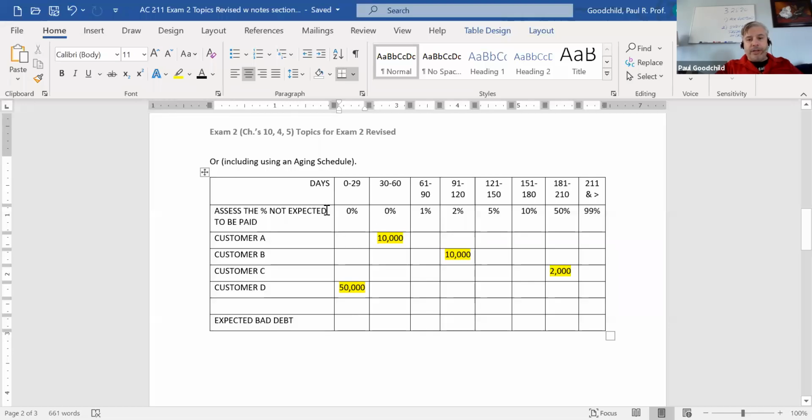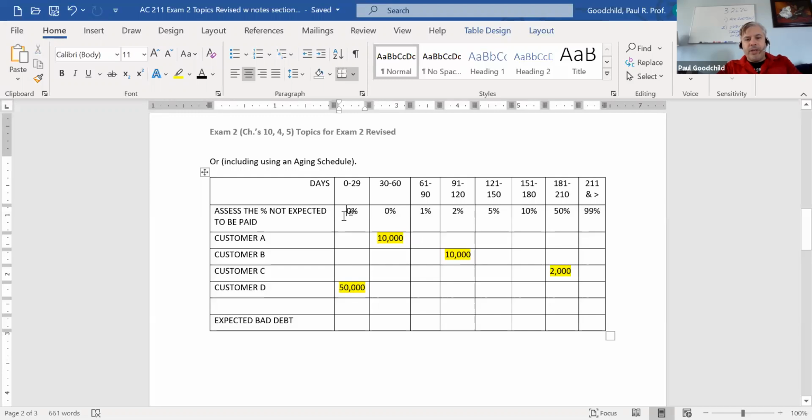So what you would do is come up with these rates, and they'd have to be given to you. You would need to know a lot about a business, a lot about the business environment to make accurate estimates. But these are fairly accurate. Think about a hospital, for instance, that has to go through multiple insurances. Sometimes it takes a little while for things to get back from the second insurance, but as you see things go further out, you have a larger percentage that's uncollectible.